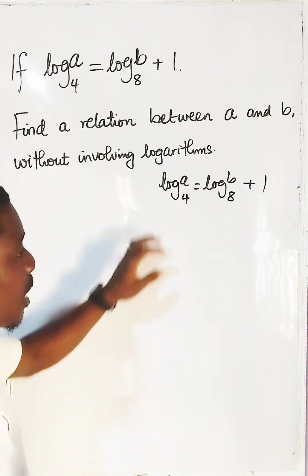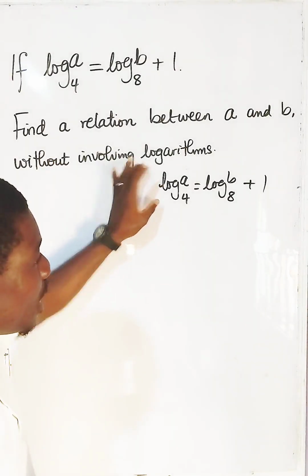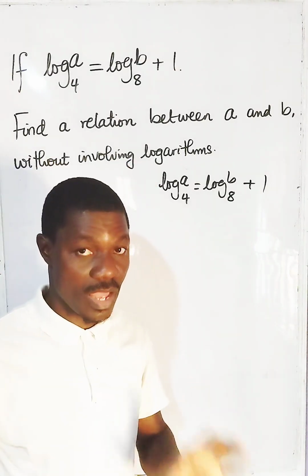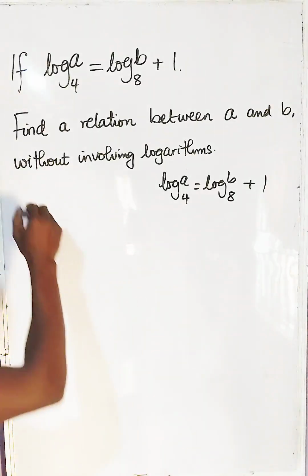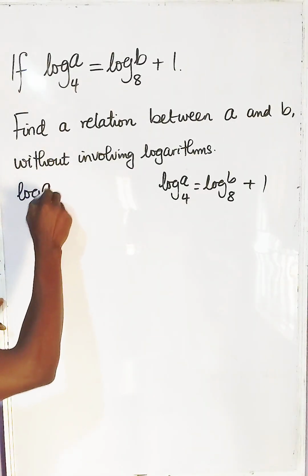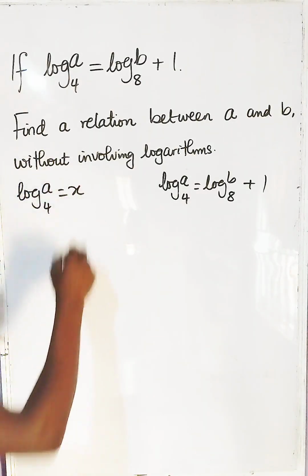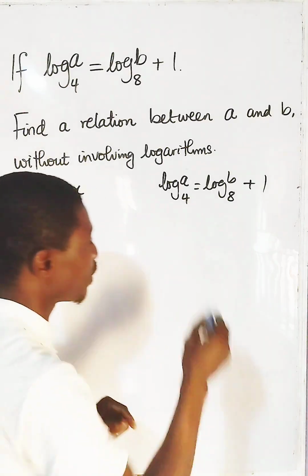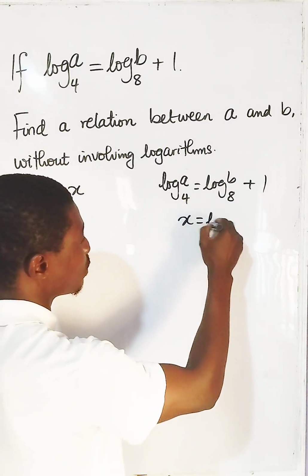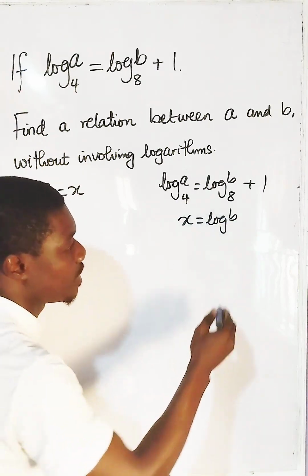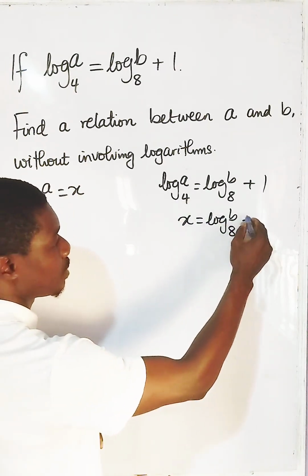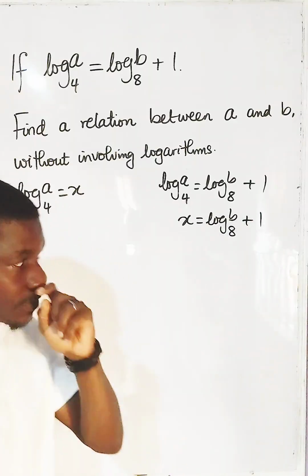So first of all, let's make log A base 4 equal to x. So our new equation becomes x equals log B base 8 plus 1, right?